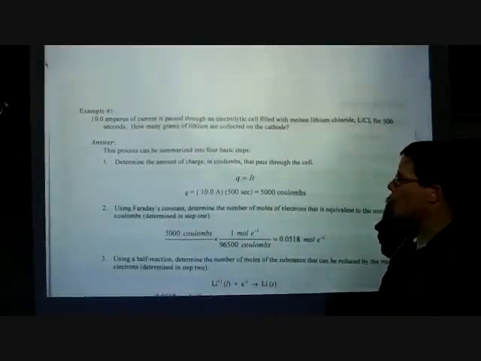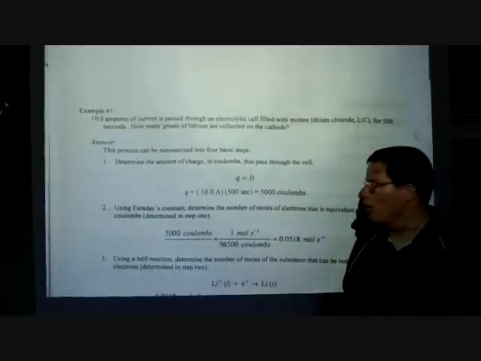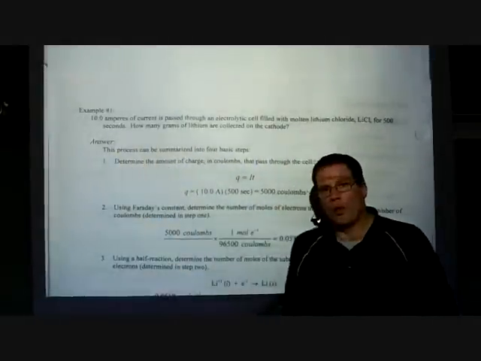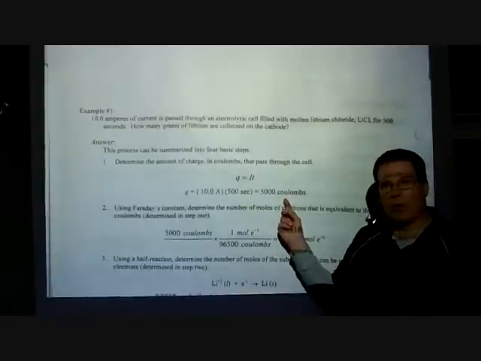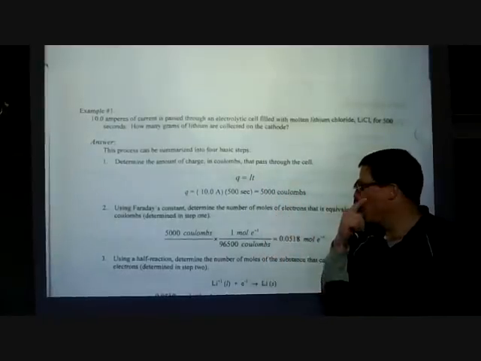So the first thing that we have to do is determine the amount of charge in coulombs that passes through the cell. So we were given 10 amps and we were given 500 seconds. Based on how many amps and seconds, that will give us our number of coulombs. Now if you want to leave it as an amp second, nothing wrong with that.